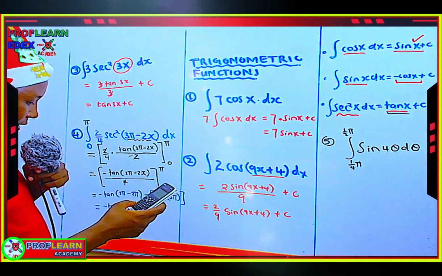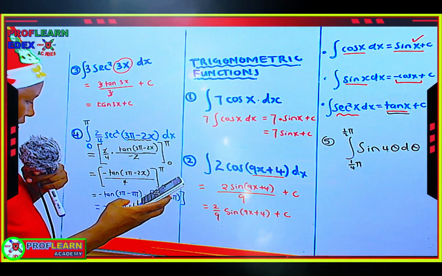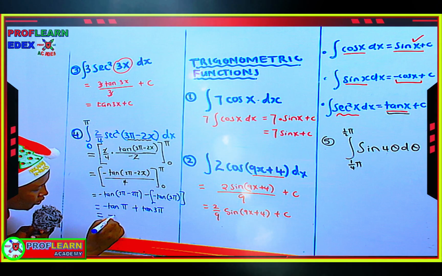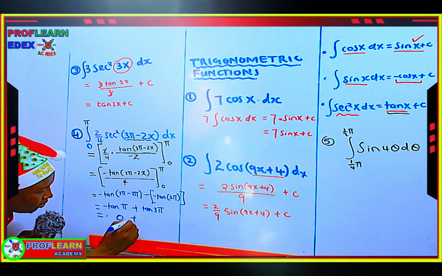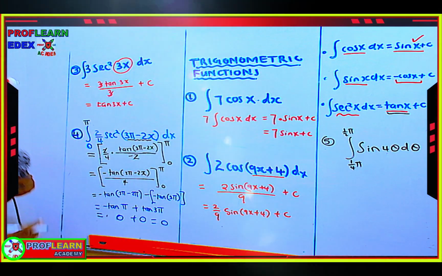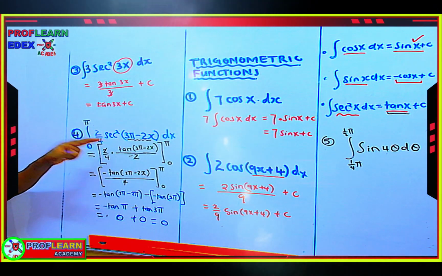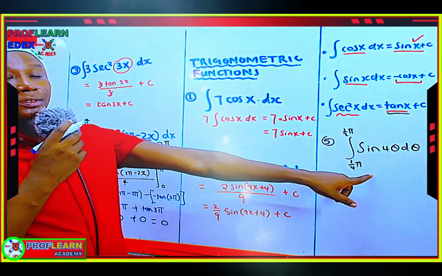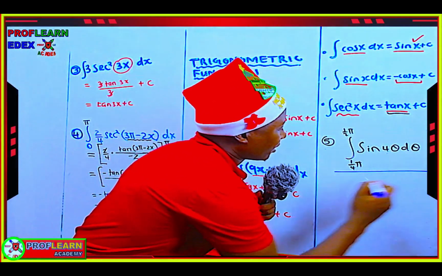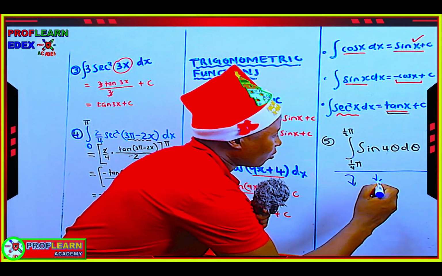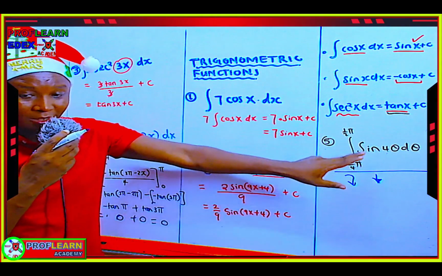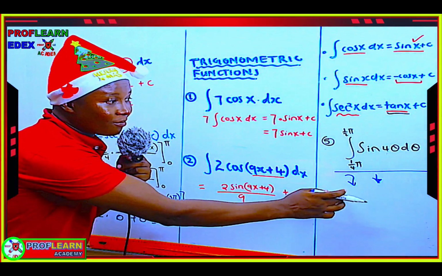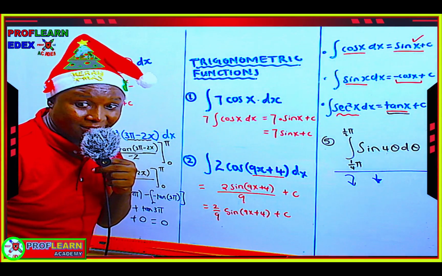What you are going to remember is that tan pi is 0 and tan 3 pi is 0, and the answer for this case here is going to be 0. Can you perform it and write in the comment section which answer you are getting? Work it out, and write in the comment section the answer you got.